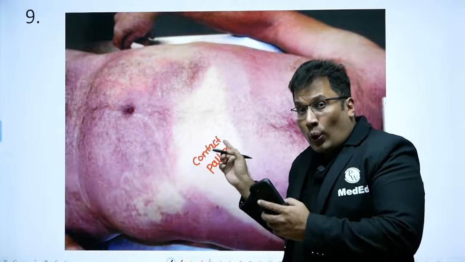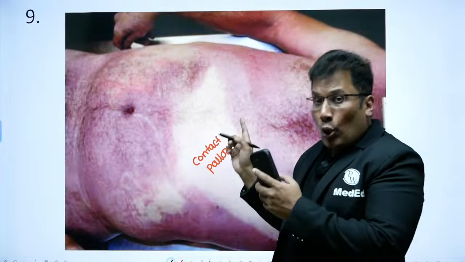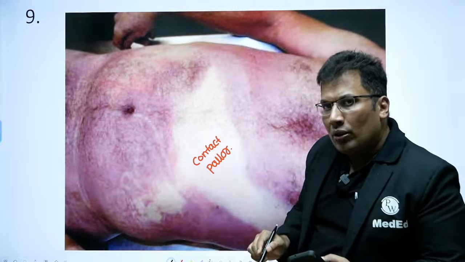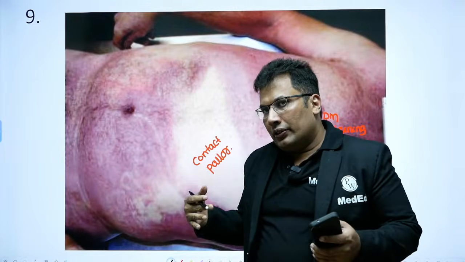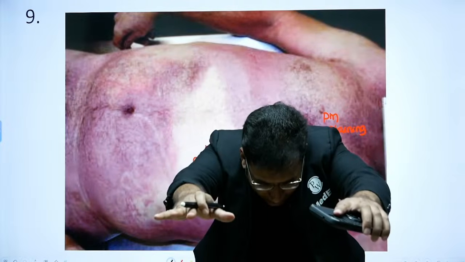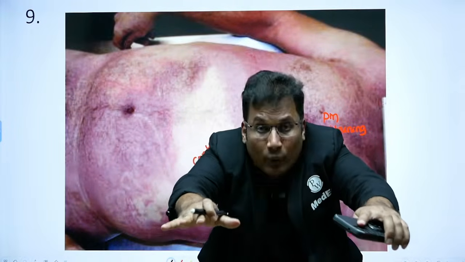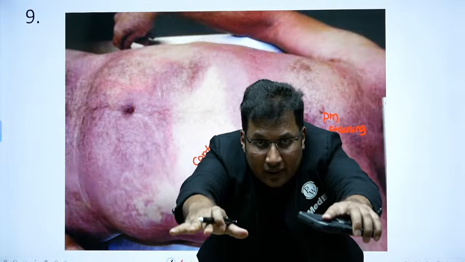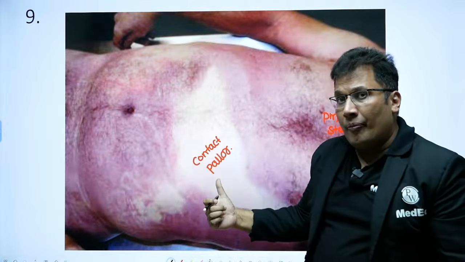This is a case of road traffic accident. A 40-year-old male died due to steering wheel injury. This was the position in which the dead body was kept. It was basically a driver.